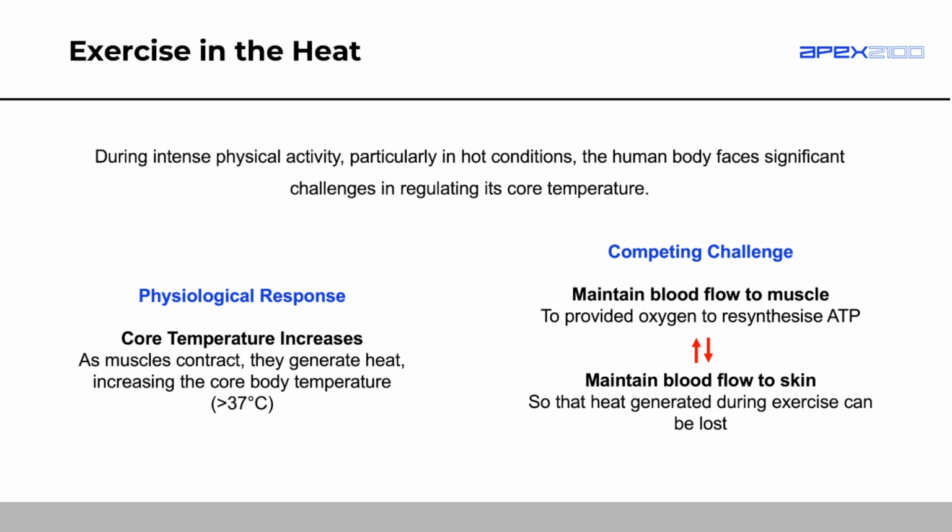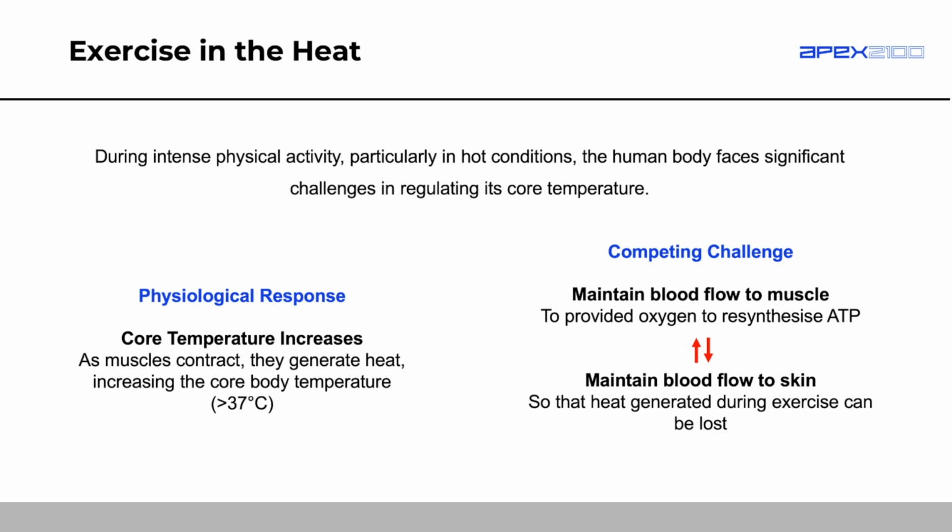We want to maintain our blood flow to the muscle so that our muscle can receive the blood and the oxygen that's carried in the blood to resynthesize ATP. So ideally, when we're exercising, we want to put all of our blood towards our exercising muscles so that they can get all the oxygen that they need to create energy.